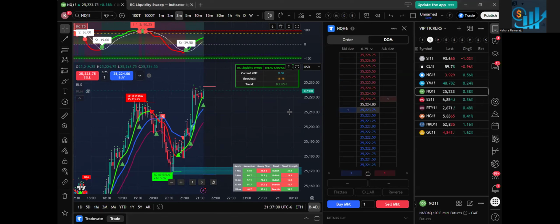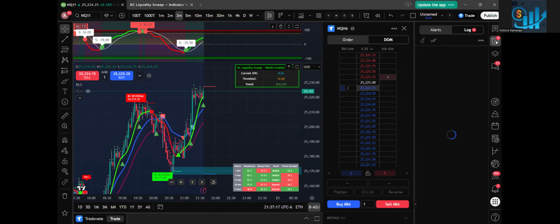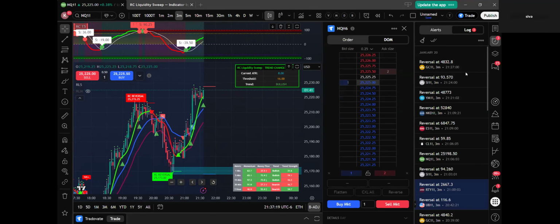Do you have any questions? It is printing after 7, 8, or sometimes more than 10 later, right? No, it will wait until 5 candles, and then you'll receive the alert. No, I checked.